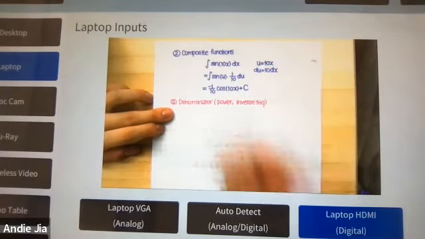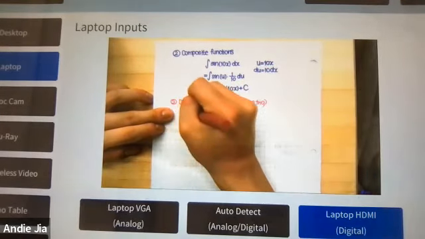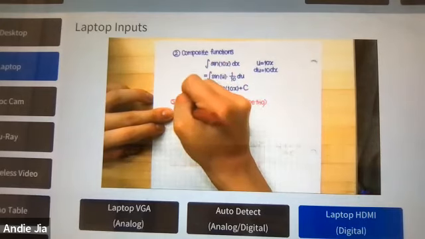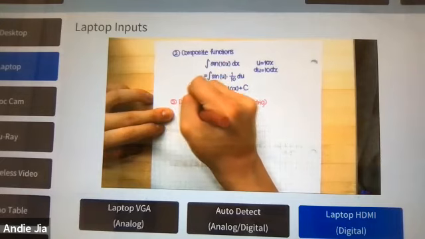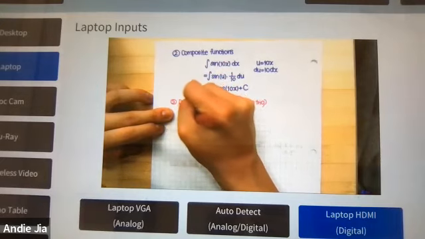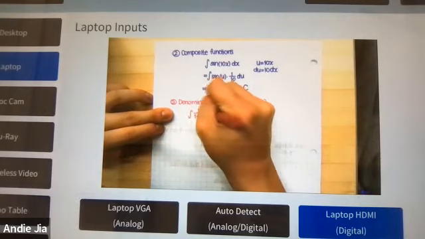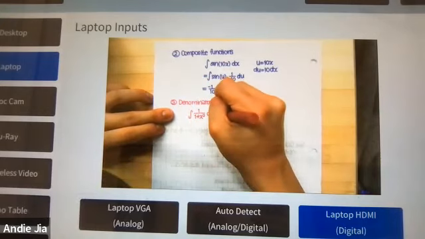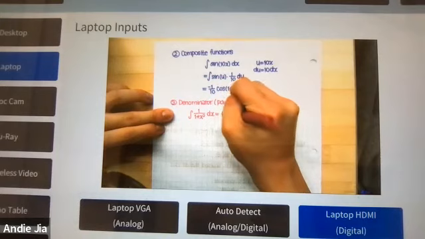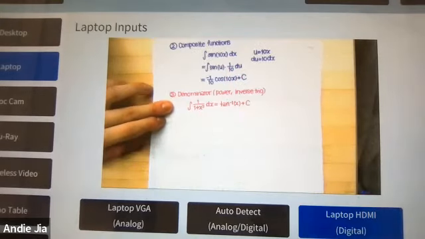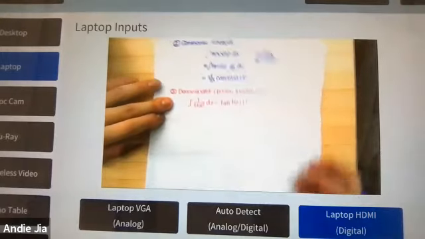The antiderivative of this is inverse tangent, and some natural log.